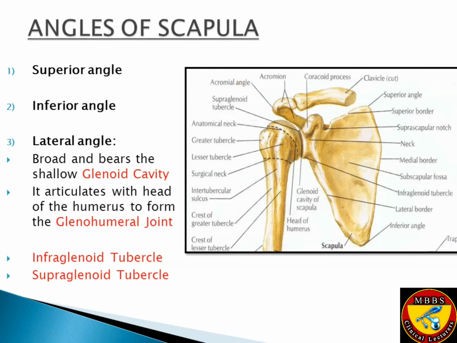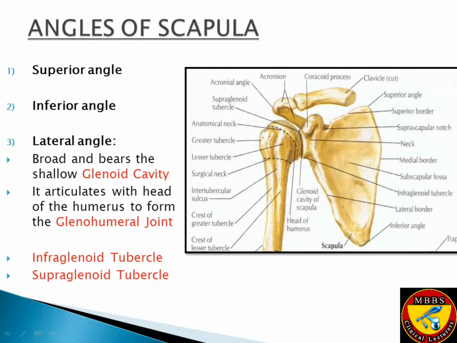Just above the glenoid cavity, there is a triangular tubercle which is called the supraglenoid tubercle. Now what is a tubercle? A tubercle is an elevation, a triangular elevation present on the bone.